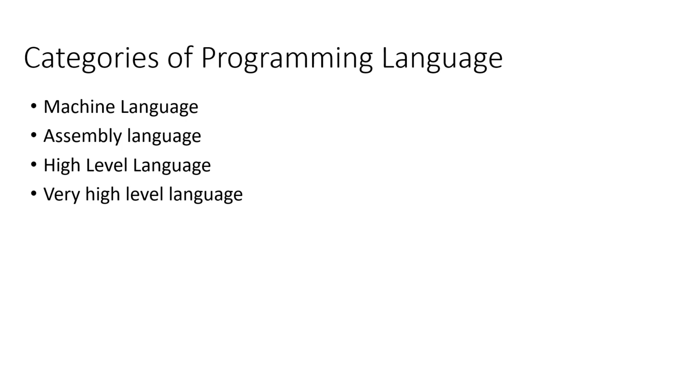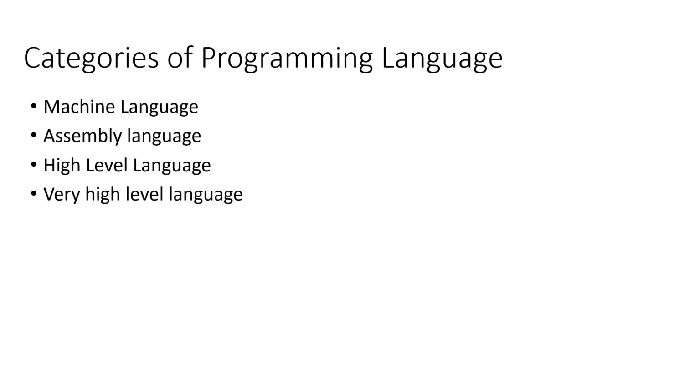Now let's go to the different categories of programming language that we have. We have what we call the low level language, and we have the high level language. Although this is not in your scope of work for now, by the time you get to a higher level, you'll be talking about this very well.